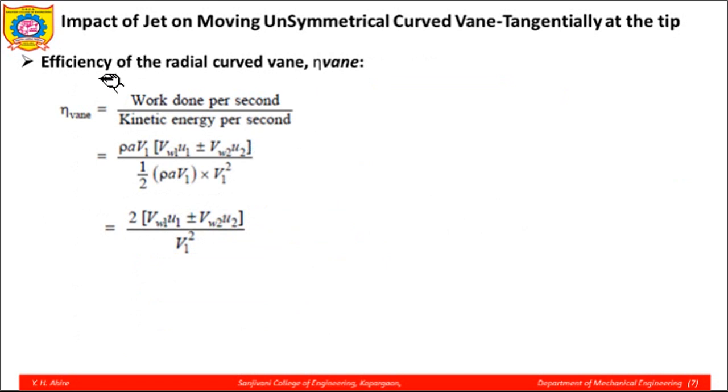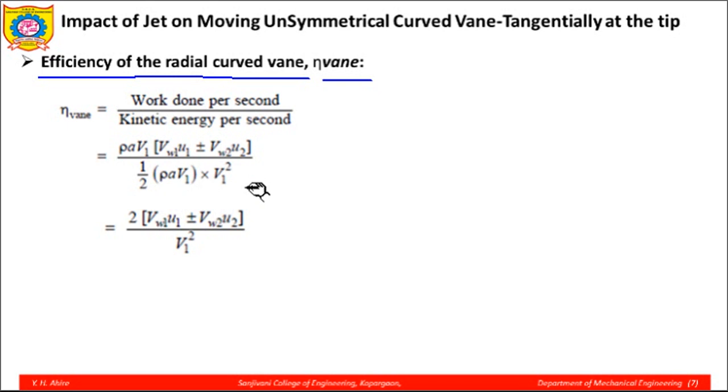Finally, we define efficiency of the radial curved vanes. So that is eta vane. It is defined as a ratio of work done per second by the jet, by the water on the wheel, divided by kinetic energy supplied per second. So numerator is rho a v1 into (Vw1 u1 plus or minus Vw2 u2) divided by kinetic energy, which is 1/2 into mass flow rate, that is rho a v1, into v1 square.